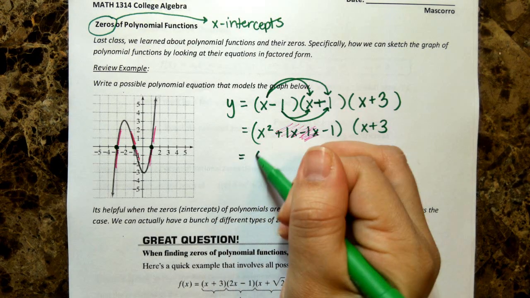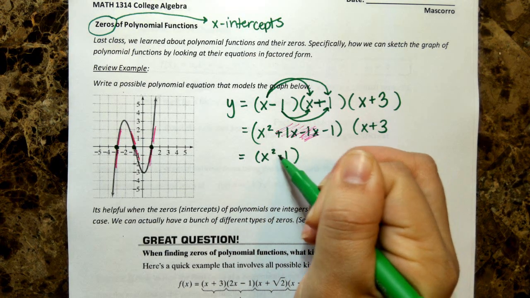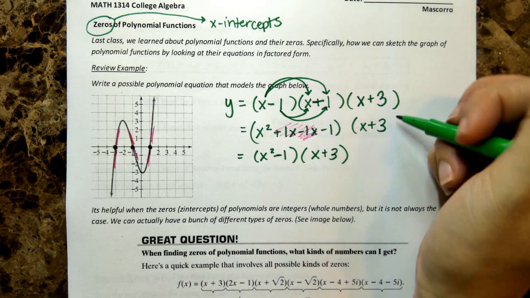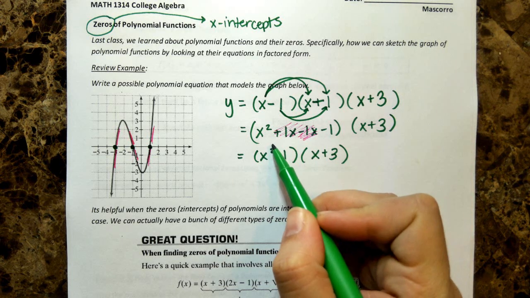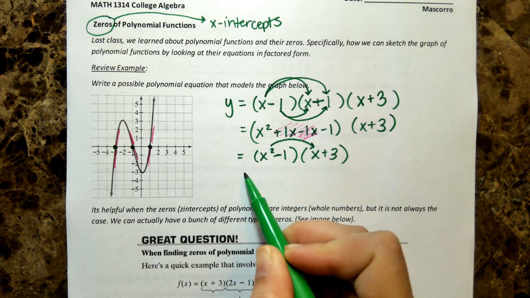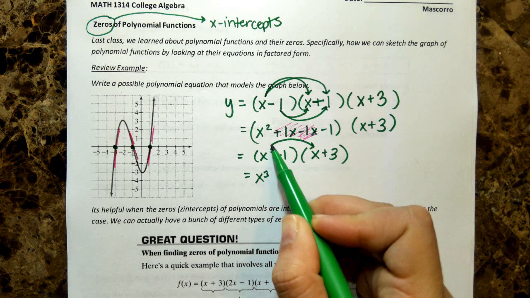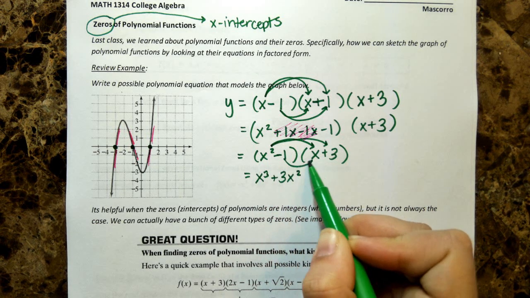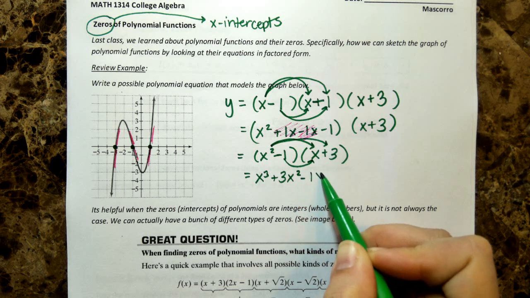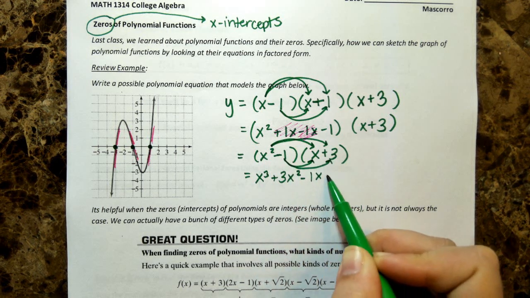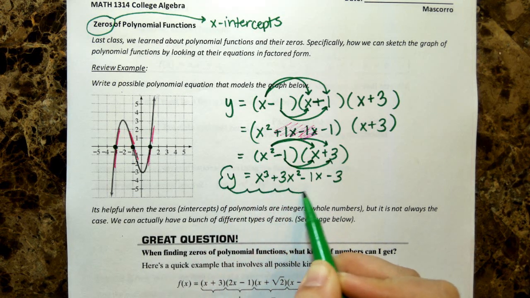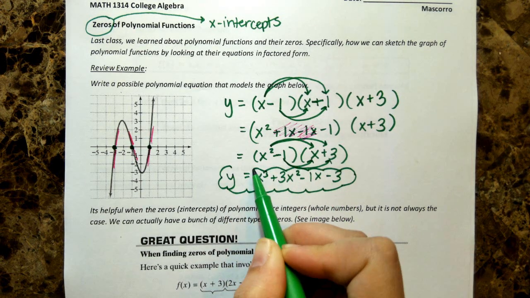And we have x squared minus 1, and then we would still have to FOIL it by the x plus 3. We have to multiply everything by everything. So then I would multiply x squared times x, which is x cubed, x squared times 3, which is 3x squared, -1 times x is -1x, and -1 times 3 is -3. And there's no like terms, so we can go ahead and leave it as is.